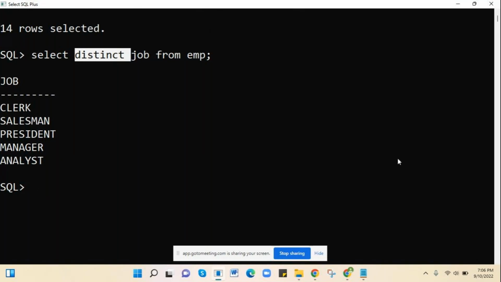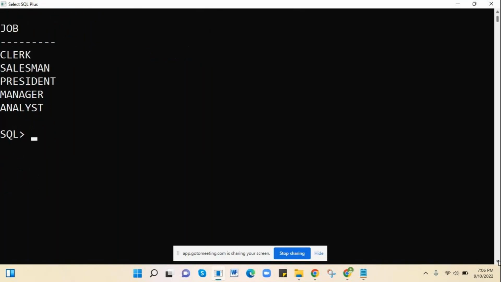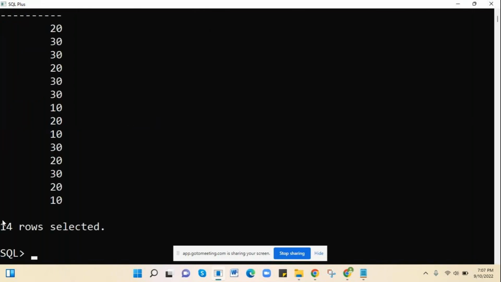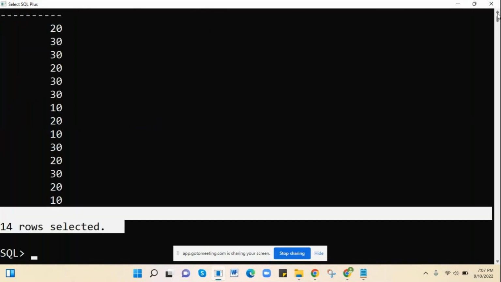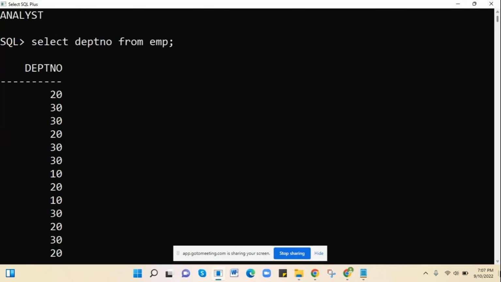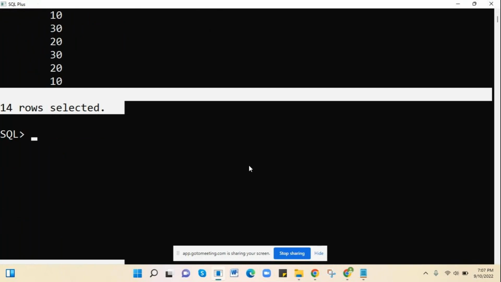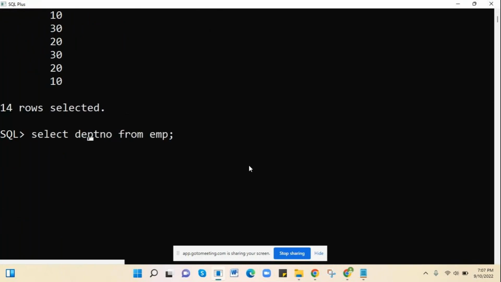Now I want to know how many departments are there. You see, again it will give 14 rows. Why? Because I have 14 employees in my EMP table. But I want only particular departments.